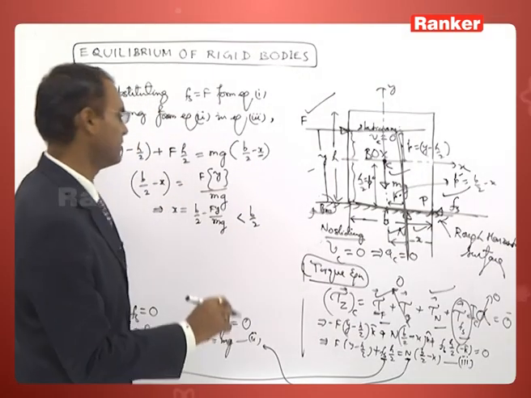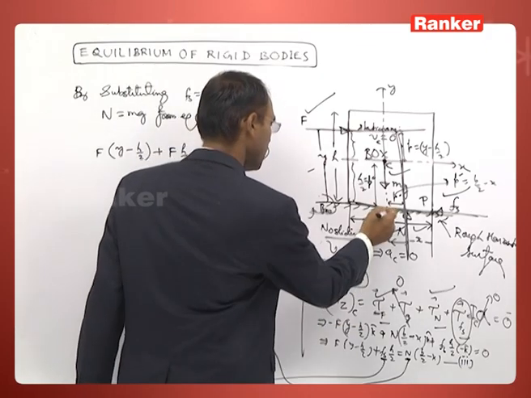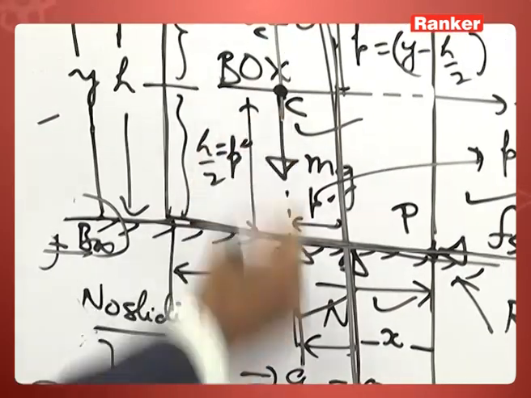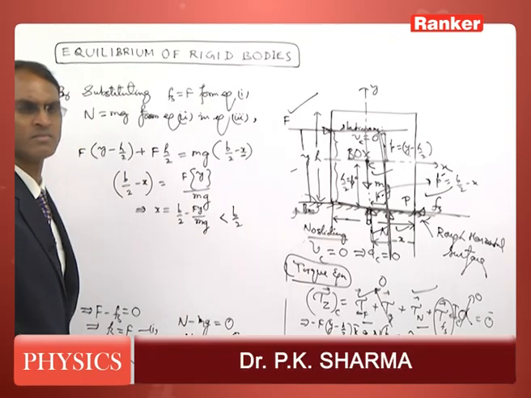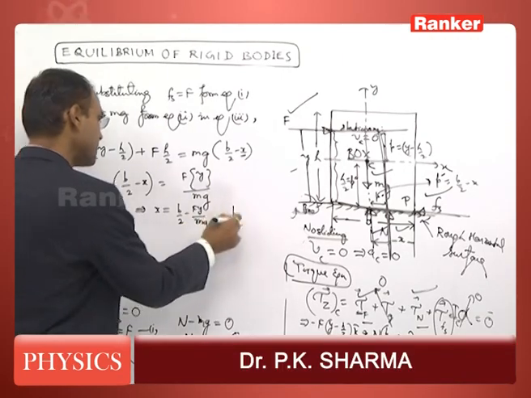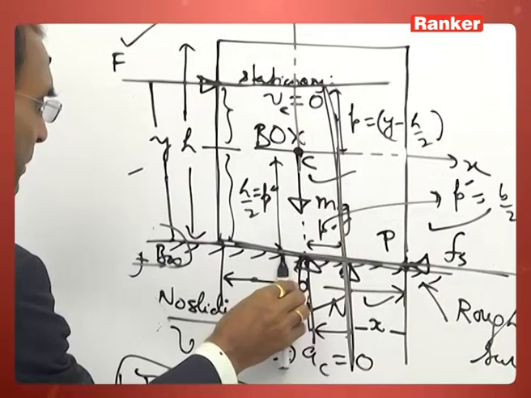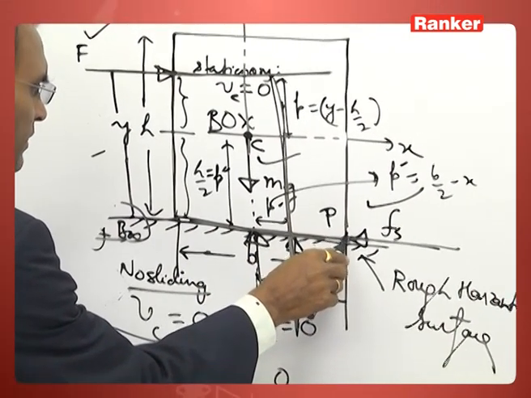I posed a question. The student may think that the normal reaction will pass through the center of mass, but it is not. Because x is less than b by 2. The normal reaction is shifted towards this edge.